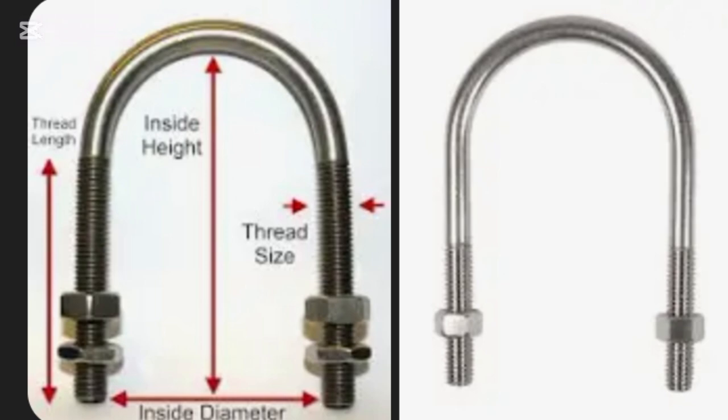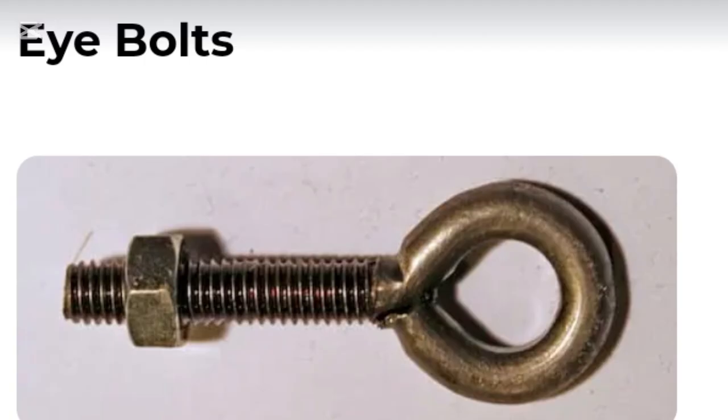Then we have eye bolts. Displayed on the screen is a picture of an eye bolt. An eye bolt has a loop on one end and a threaded rod on the other side, and it is used to lift or suspend loads.